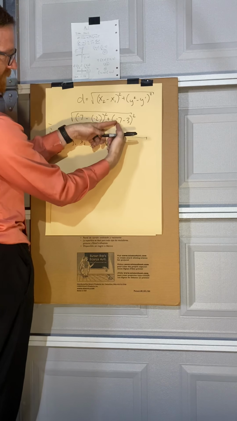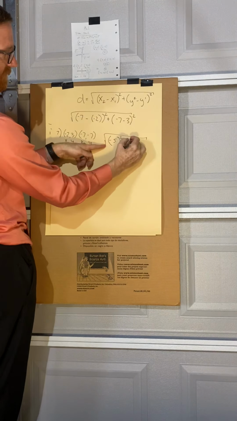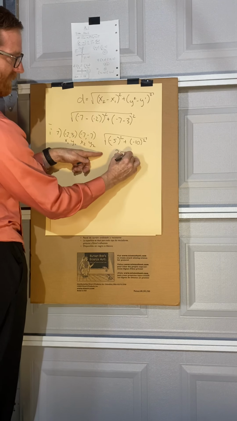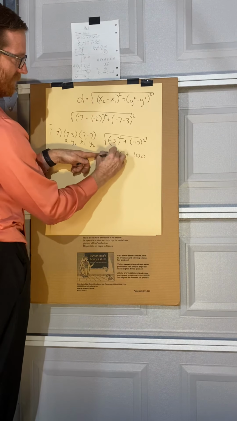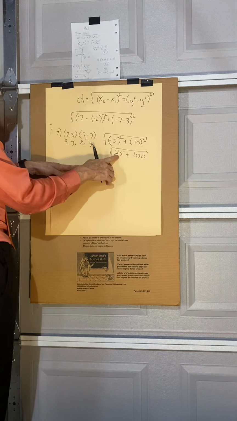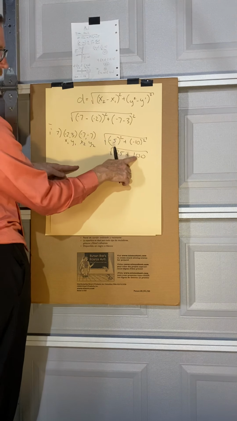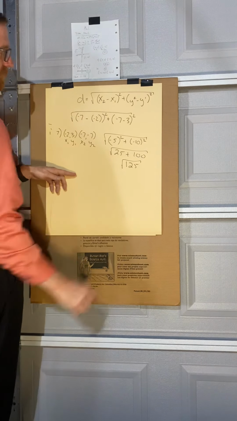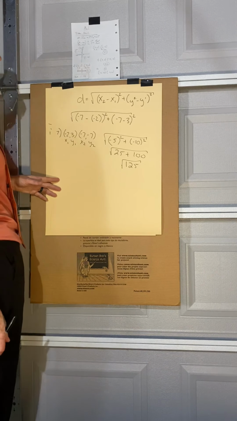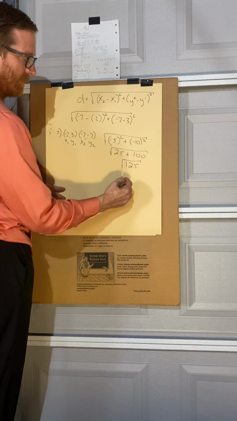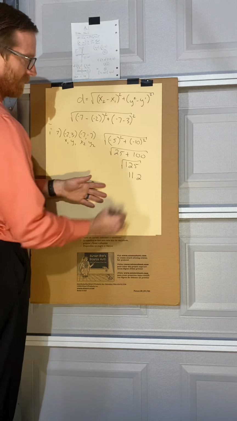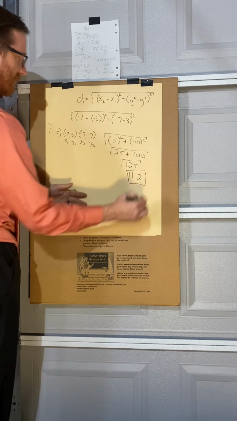Then plus -7 minus 3, which is -10, squared. So this is really 25 plus 100. -5 times -5 is 25, and -10 times -10 is positive 100. When I put those together underneath the square root, I get the square root of 125, and that's going to be a little bit more than 11. If I put it in my calculator, I get 11.2, and that would be the answer to number 7.